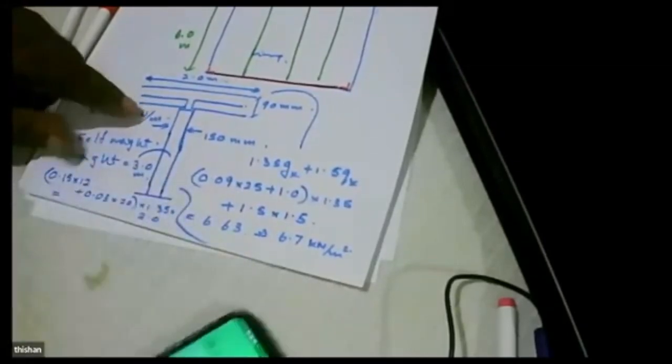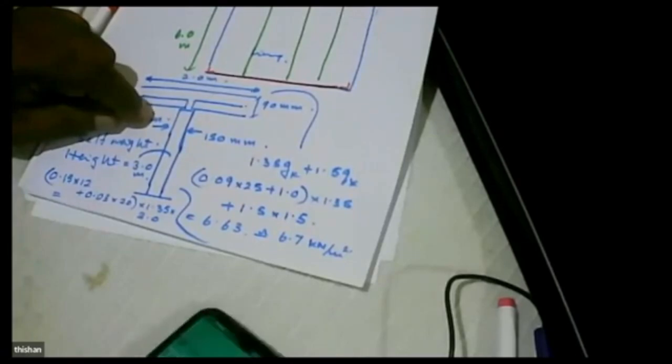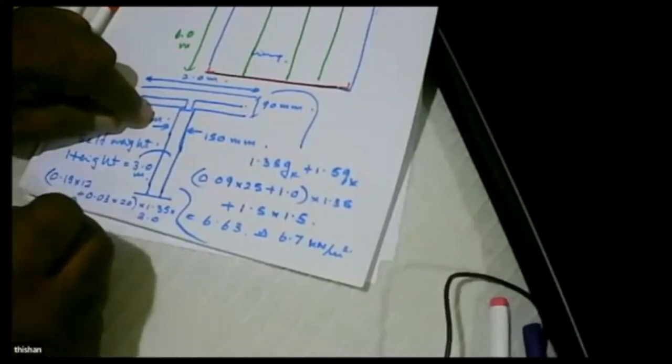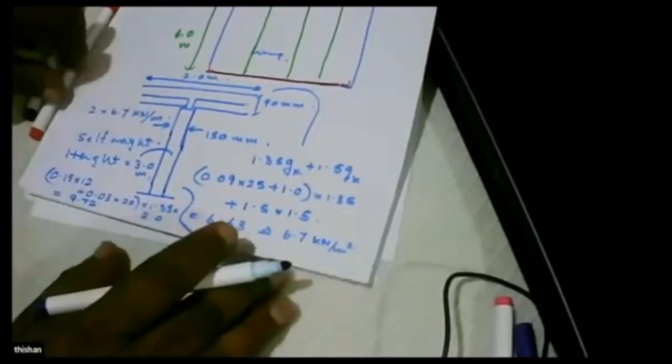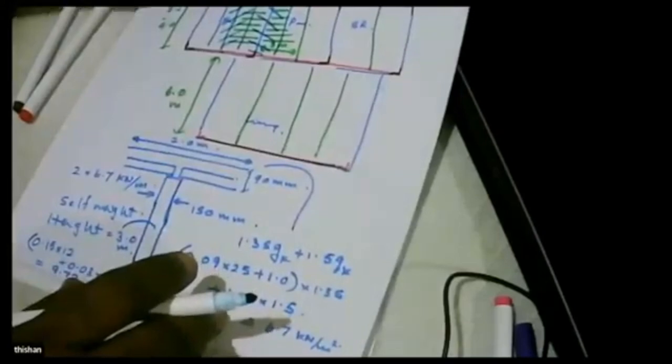So the answer is 0.15 into 12 plus 0.03 into 20, multiplied by 1.35, multiplied by 3 meters. So you get 9.7. Is that right, Mandu? Yes, that is correct. 9.7. Now this will allow us to look at it in a proper context.